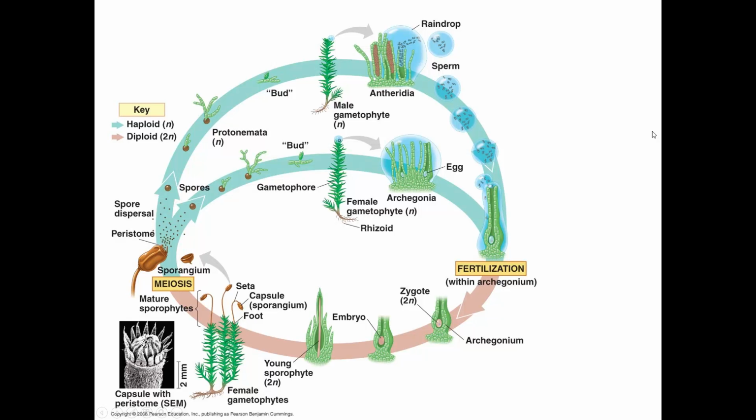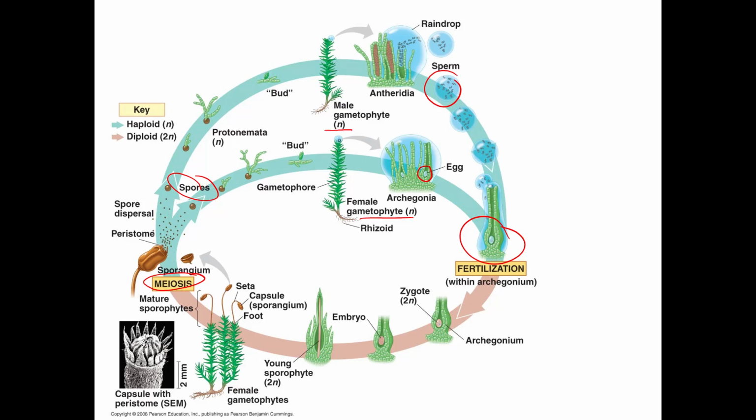All right, so again, meiosis makes your spores. And then there's the male gametophyte and the female gametophyte, right there. In plants, you have to have male and female. The male gametophyte then releases sperm. The female gametophyte has an egg down inside of it, and then they fertilize, quite similar to humans, right?